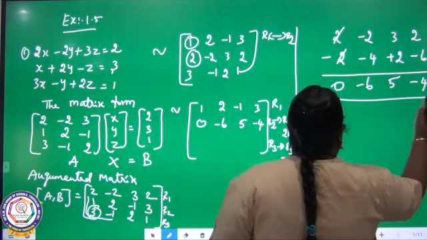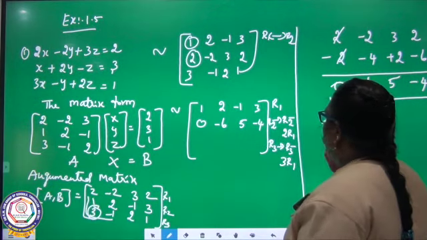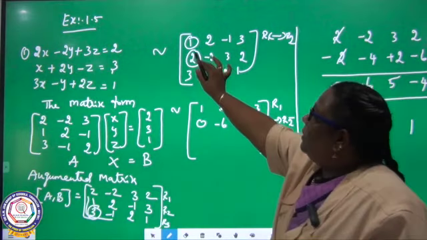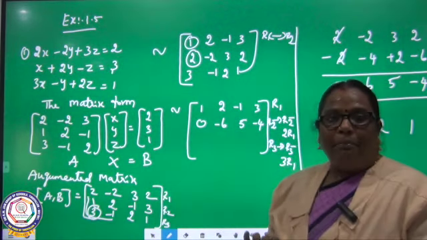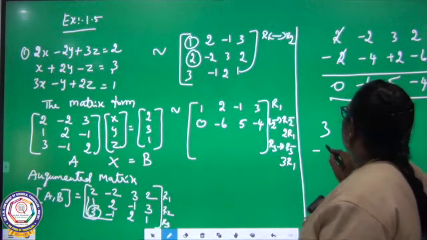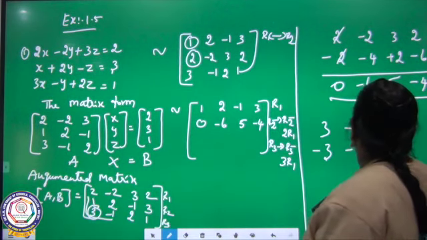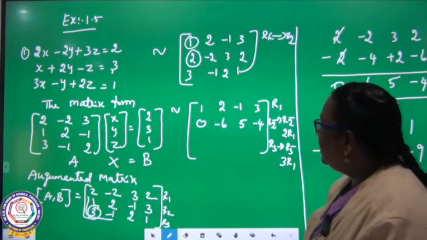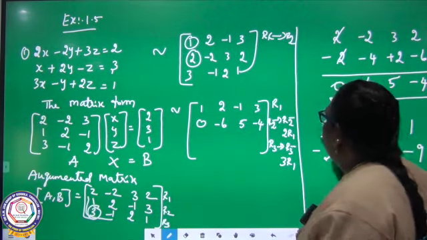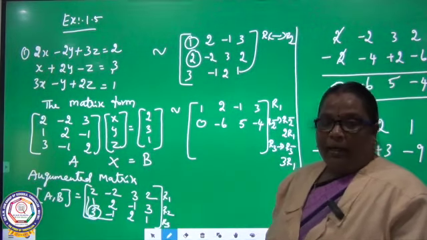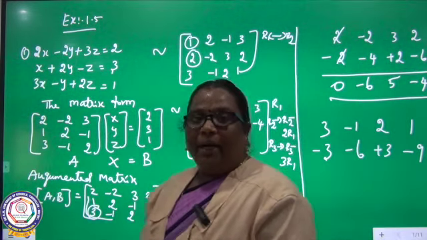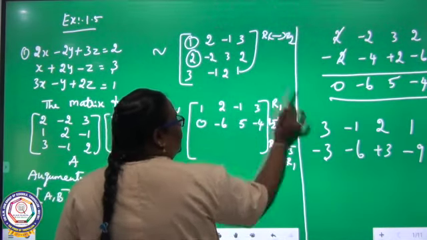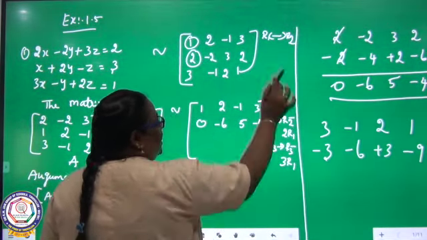What is R3? 3, minus 1, 2, 1. Multiply R1 by minus 3: that gives minus 3, minus 6, plus 3, minus 9.